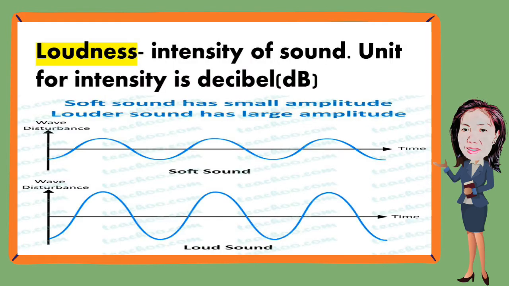How about loudness? The loudness is the intensity of sound. How strong is the sound? So usually the unit of loudness or intensity of sound is decibel or dB. So usually soft sound has a smaller amplitude.